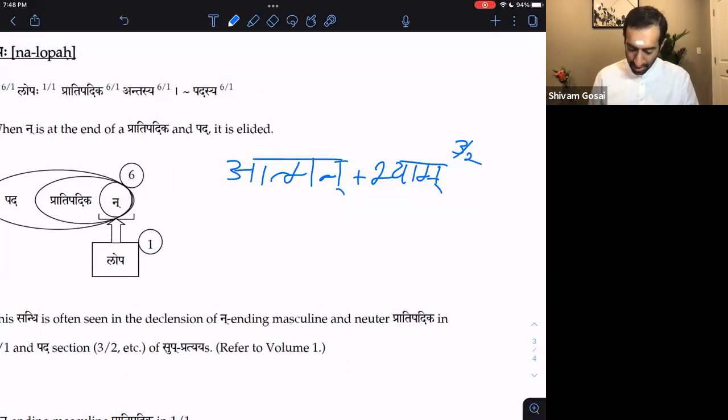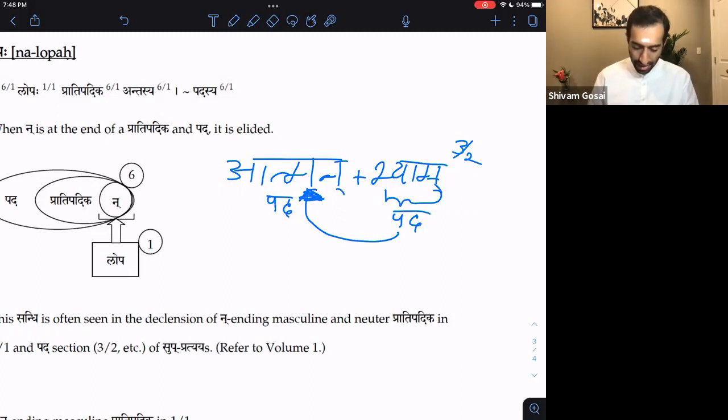This is from the pada section, right? Meaning that it gives the status of pada to this anga preceding it. Now this is called a pada. Okay, this is from the pada section, meaning that it gives the status of pada to what's preceding it.